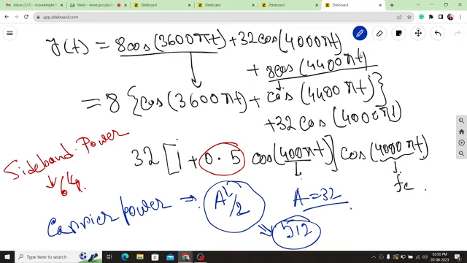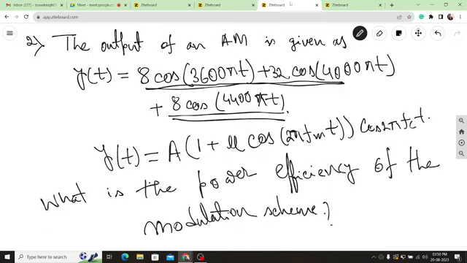So the power efficiency, that is sideband power by sideband power plus carrier power, that is 1 by 9.